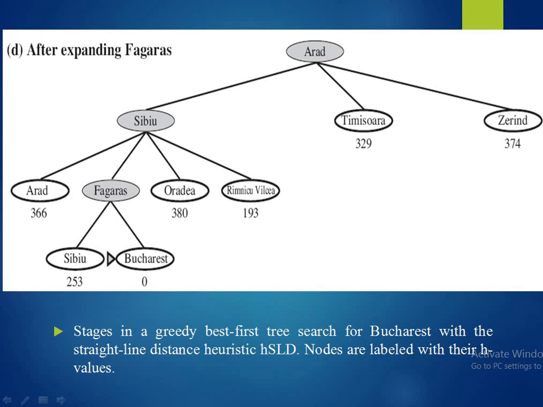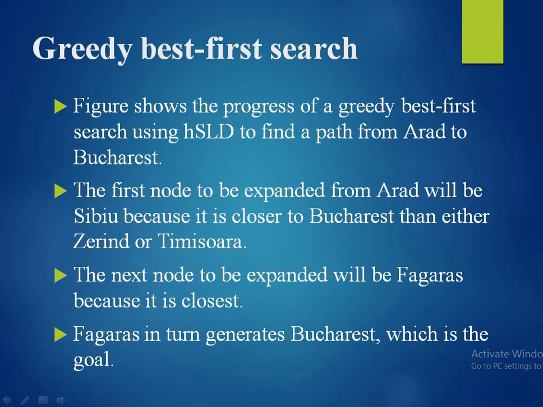The stages in a greedy best first search for Bucharest with the straight line distance heuristic hSLD are provided here, and the nodes are again labeled with their h values. The figure shows the process of a greedy best first search using hSLD to find a path from Arad to Bucharest.